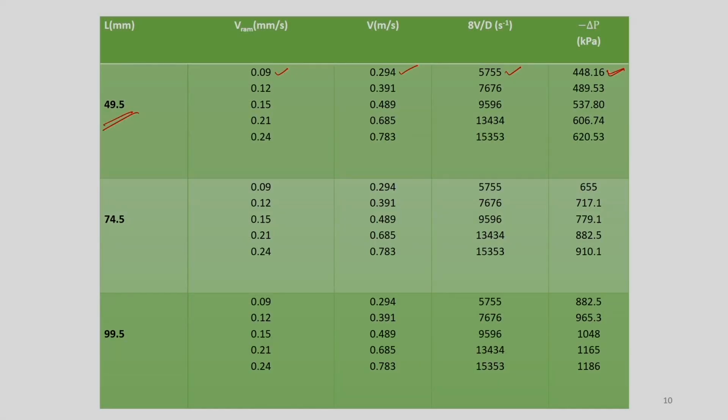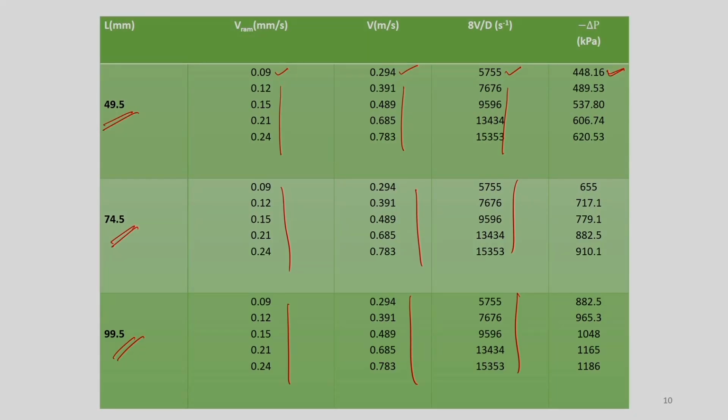Like this, for each V ram value we have to find the corresponding V for each L value, and then the corresponding 8 V by D, for L1, L2, L3 also, right.